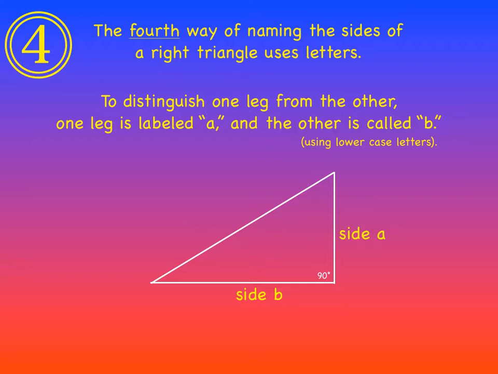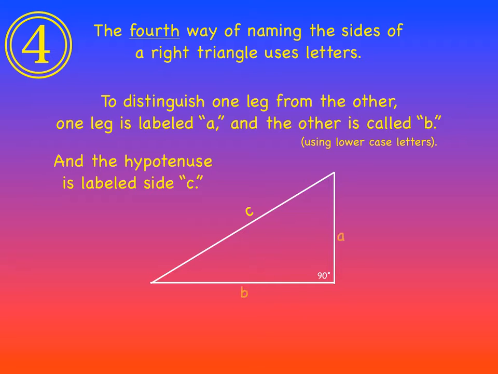So we have side A, side B, and the hypotenuse is labeled side C. Or just C, yes. And the other ones can be called A and B. So the three sides now are named A, B, and C.